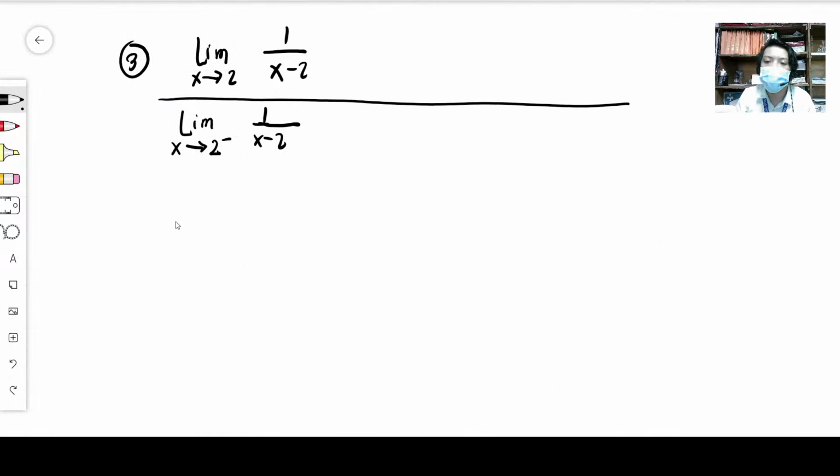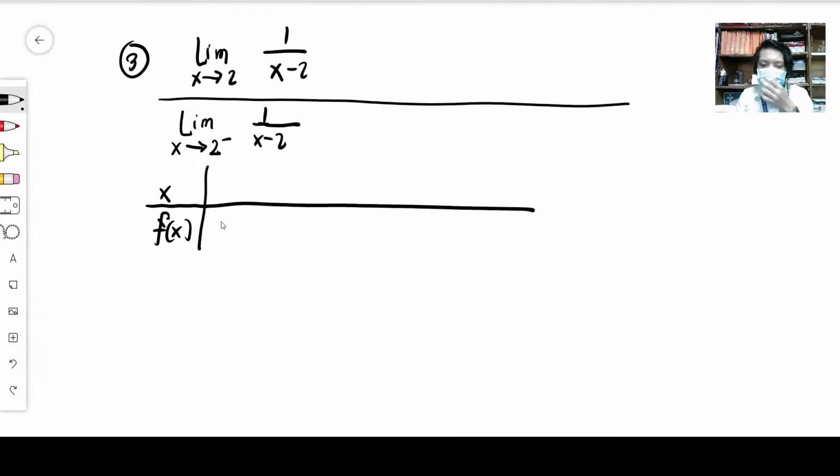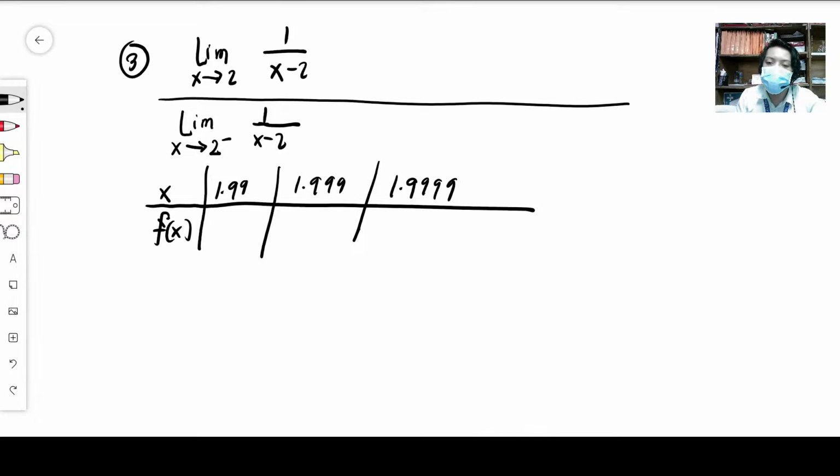Coming from the left, you have to construct the table of values again. We have here x and f of x. Coming from the left, the values of x are, say, 1.99, 1.999, 1.9999. Then when you substitute the values of x to solve for the value of f of x, let me get my calculator.